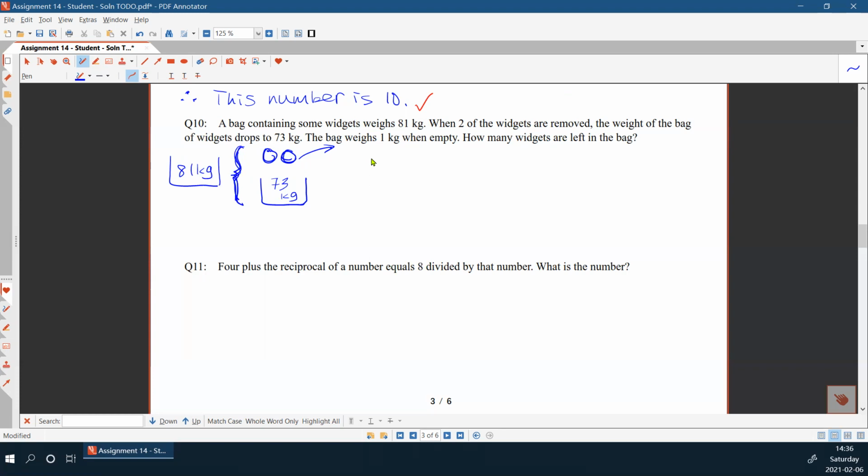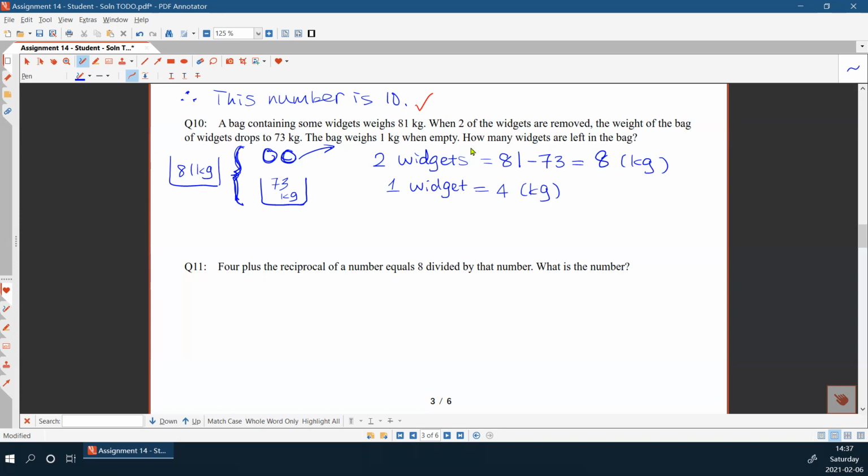So this gives you two wedges is 81 minus 73, which is 8 kilograms, right? And this means one wedge weighs 4 kilograms, right? This is your known information.